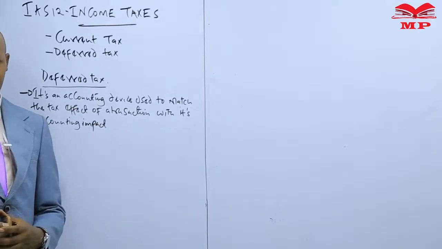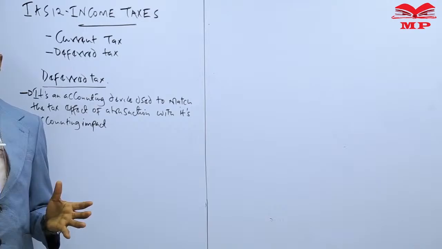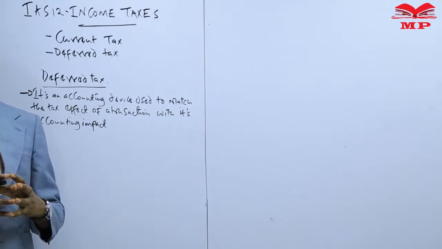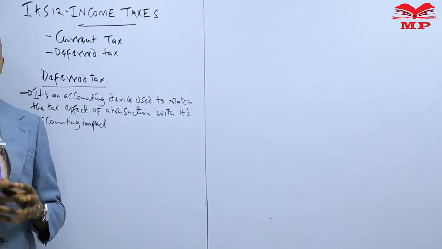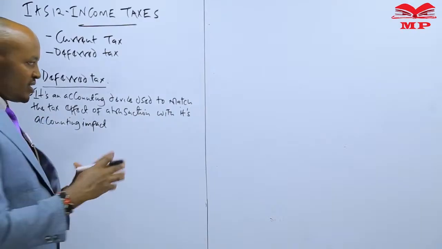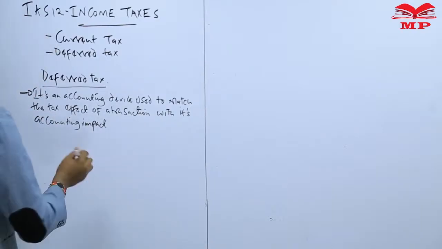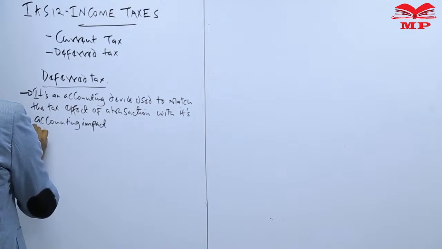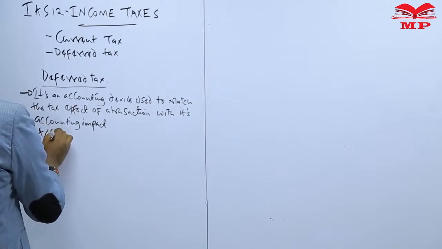Now, in this case, what you need to note is that a deferred tax will arise as a result of the difference between what we refer to as accounting profit and what we refer to as taxable profit. And even before we look at how deferred tax arises, I want us to differentiate between those two profits.